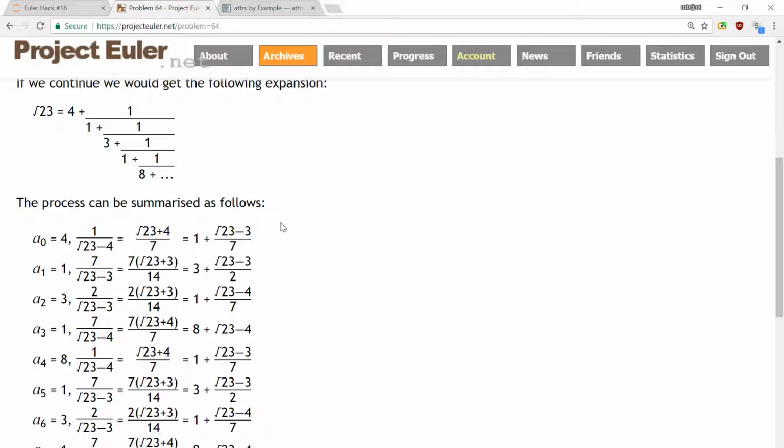Okay. Calculate the next. I mean, we can always calculate this whole value, for example. So after we did this 4 plus minus that, we calculate that number. And then we do the reverse. The inverse, yeah.